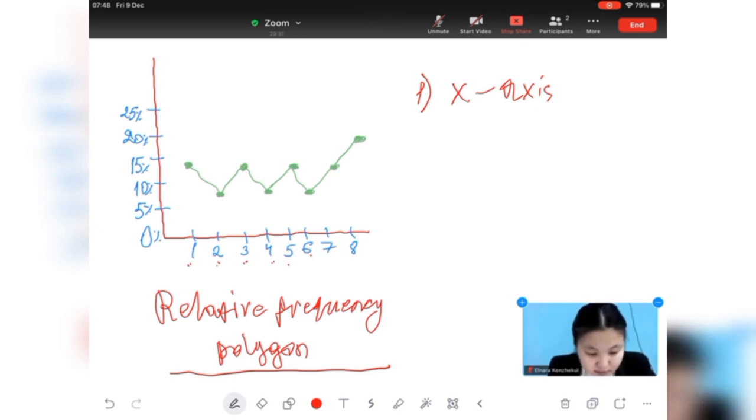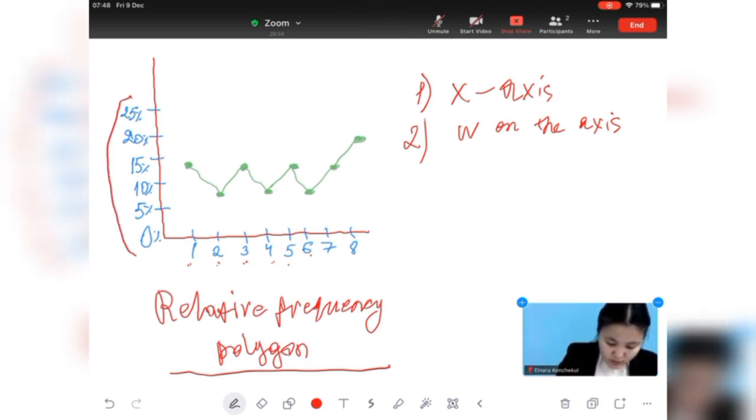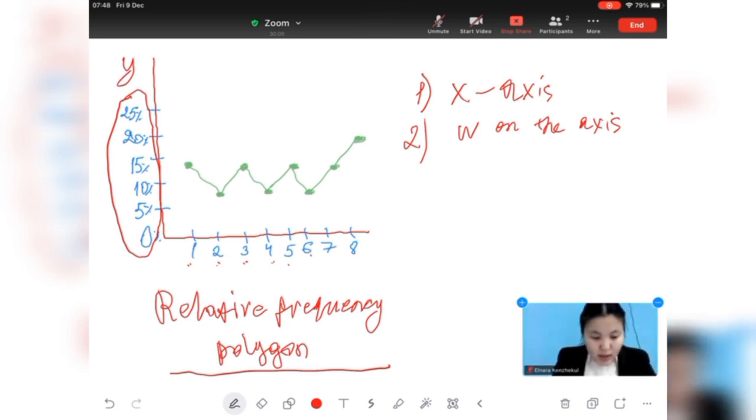And second, show the relative frequency omega on the y-axis. The relative frequency is given in percentage. Since the relative frequency is given on the y-axis, it is called a relative frequency polygon.